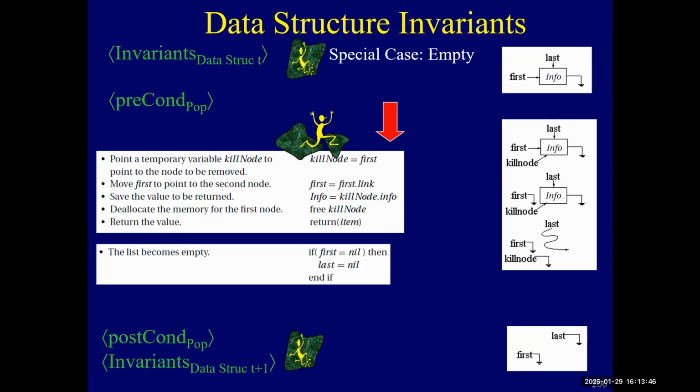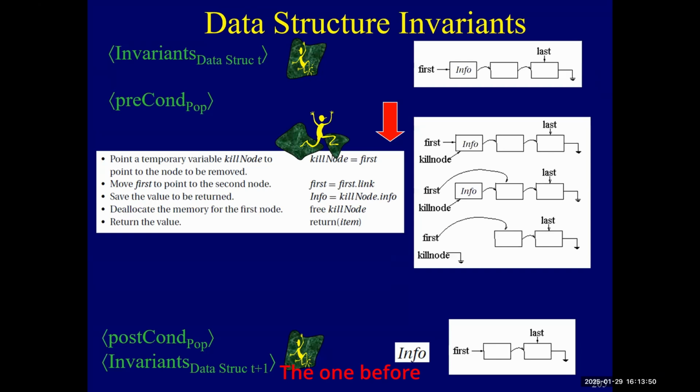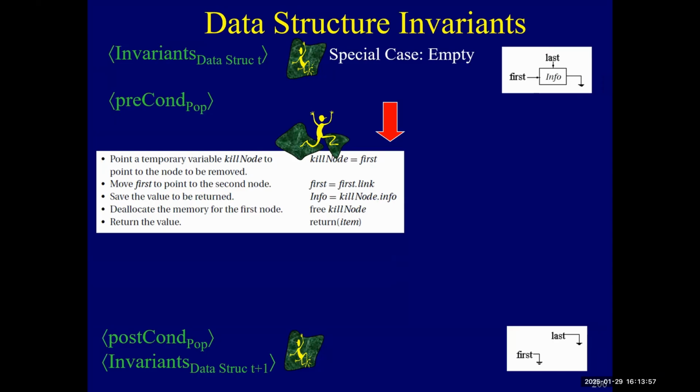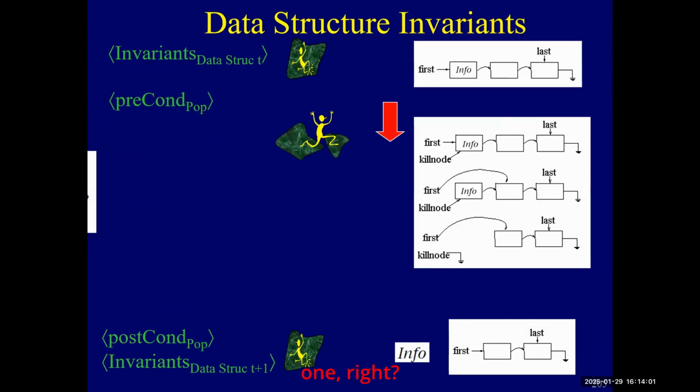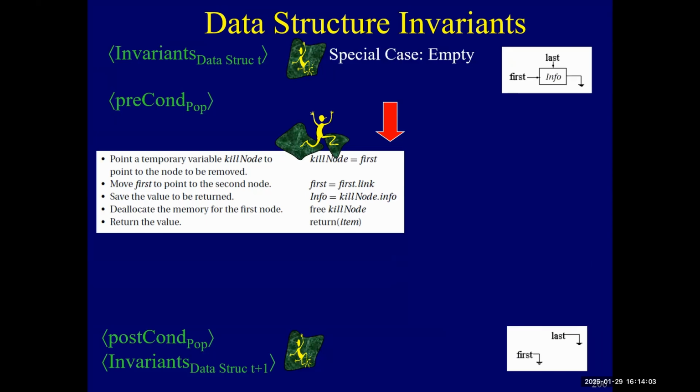The push? The one before was the other way. We were pushing things. Oh. That's the same one, right? Here, when we, is this the pop? Oh, this is still pop.